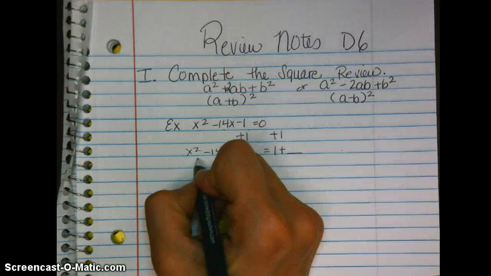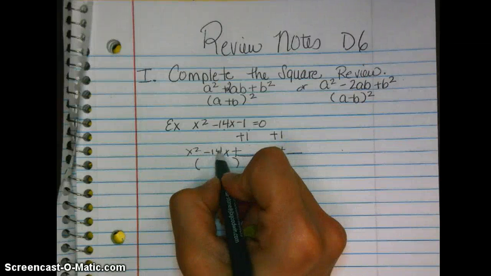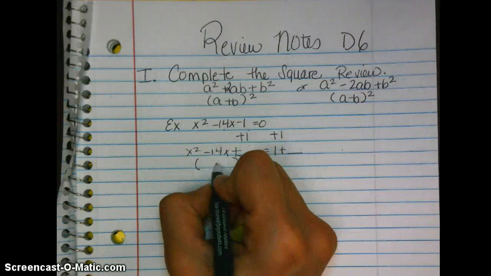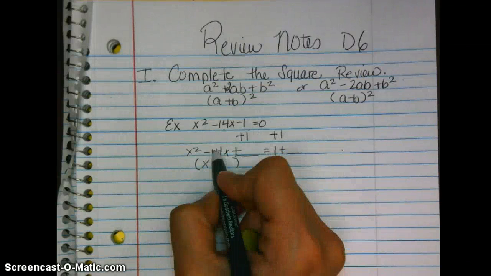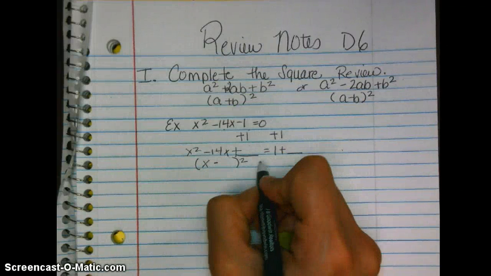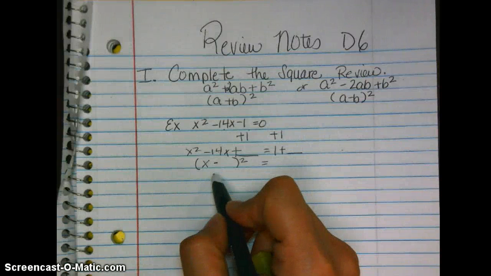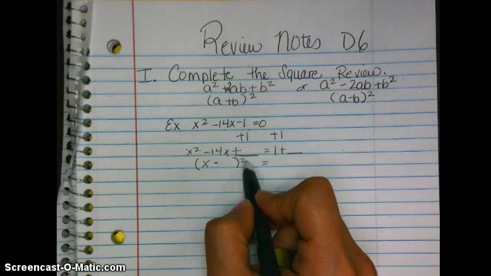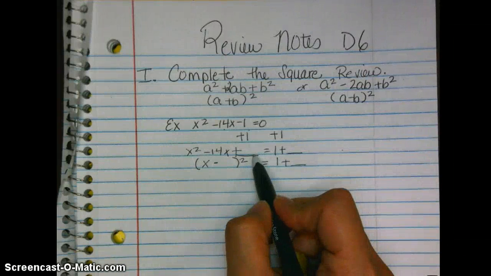But the sign that goes in my factored form should match my b term. So if it's a negative b term here, then in my factored form, that sign should match. So this is the form we're looking for. We want it to be able to factor to (x minus something) quantity squared equals 1 plus something. So now we just need to figure out what these somethings are.